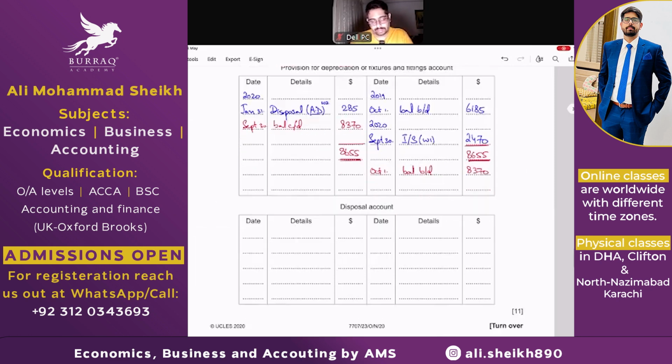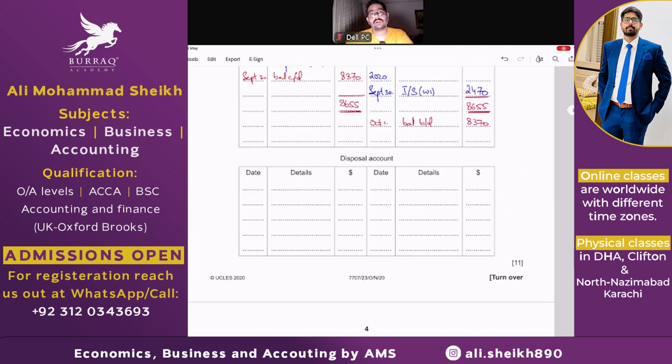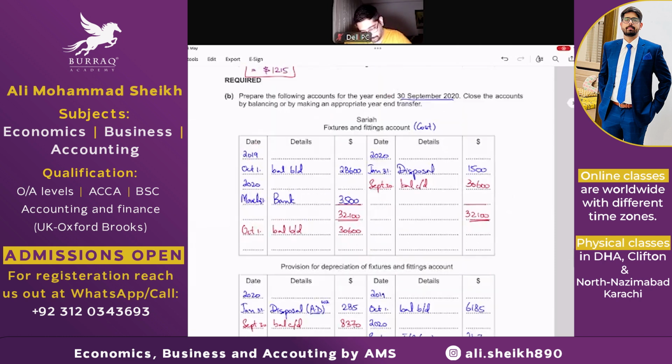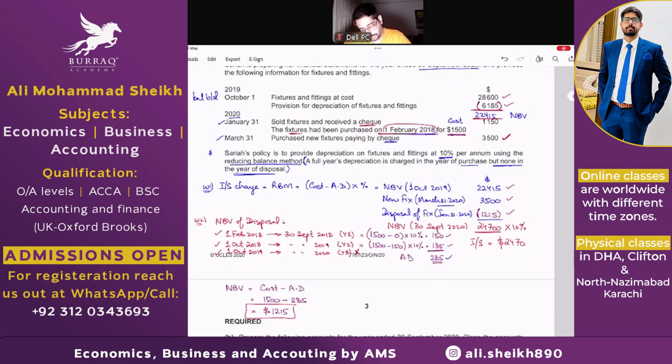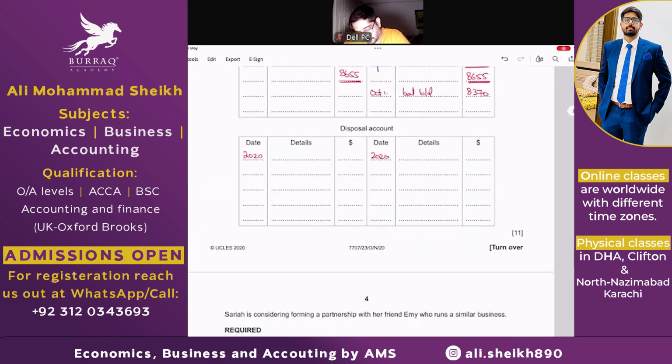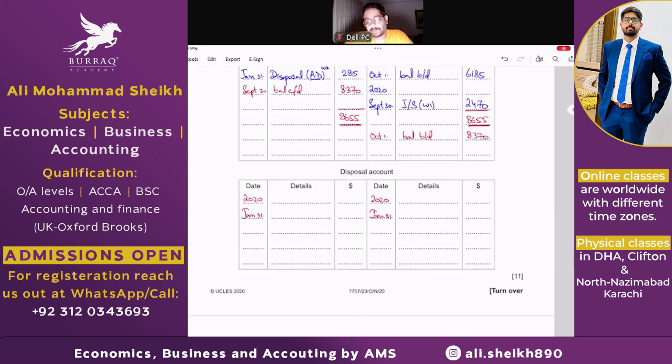Now the disposal account is easy. You have got all the workings. Disposal was done in 2020 on January 31st. The cost would be debited.